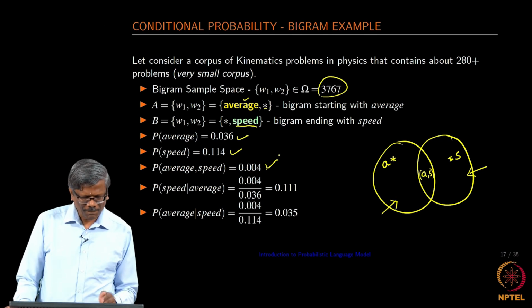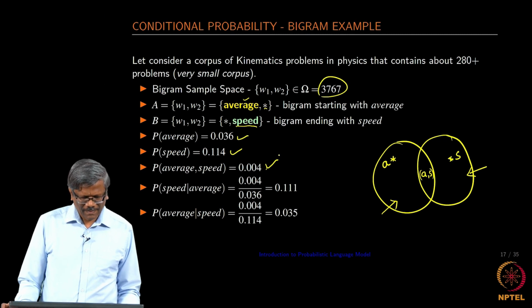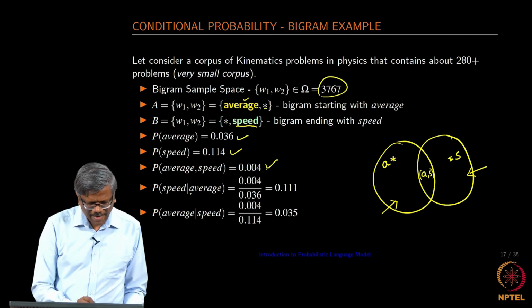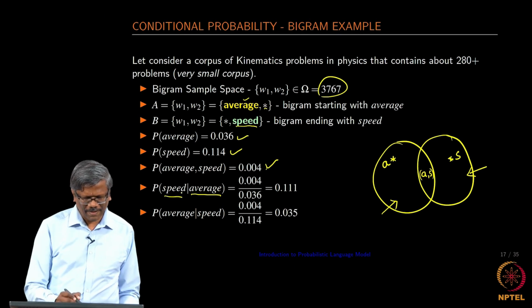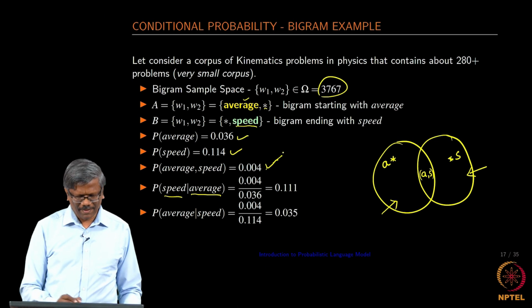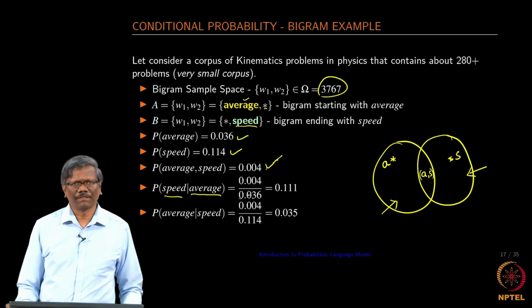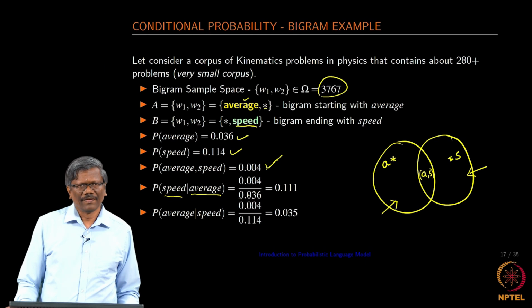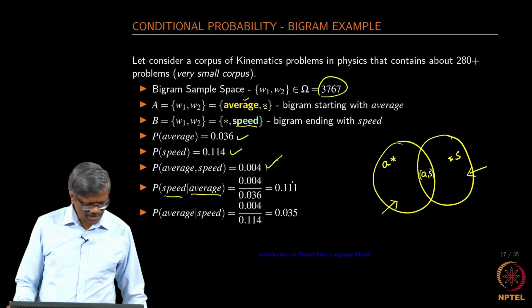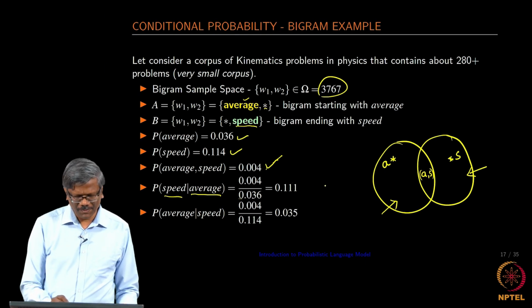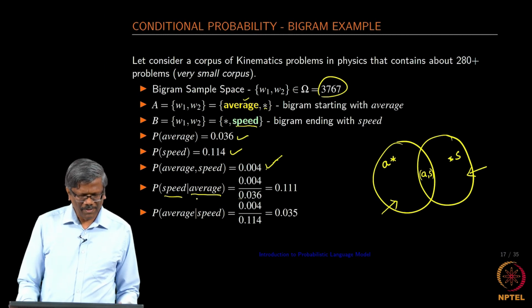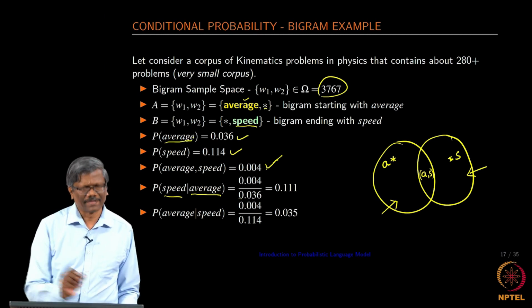Now we find the conditional probability of average being the first and speed being the second word. I have the joint probability and the probability of the word average, and you remember it is the ratio of the joint probability to the probability of the word that occurs as the first one.